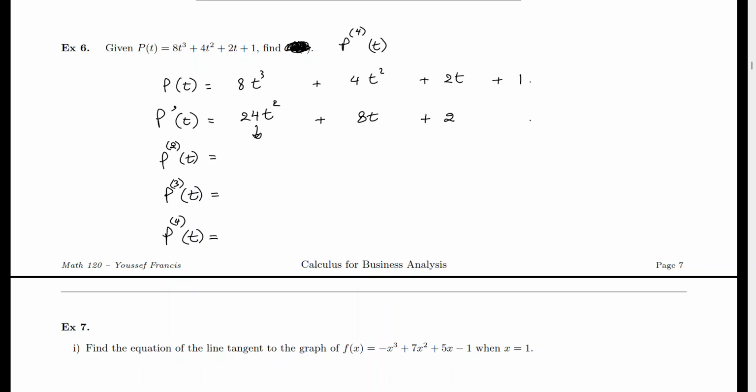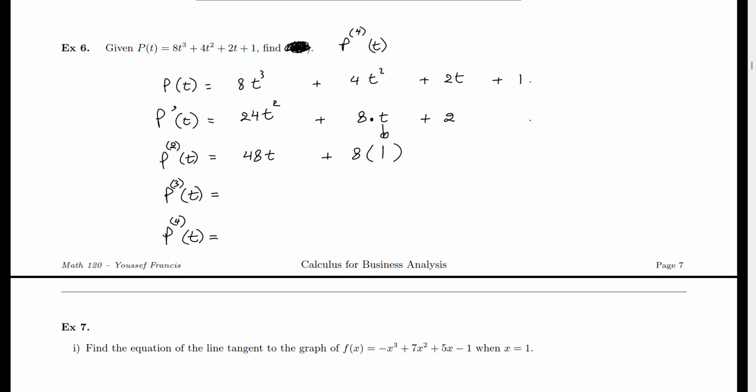So you continue. What's the derivative of 24t squared? Well, 24 is going to hang out, and the t squared becomes 2t. But that's really 48t. Same thing again. What's the derivative of 8t? Between 8 and t, there's nothing except multiplication. So 8 hangs out, and we differentiate t. It's like differentiating x or w or r or whatever.